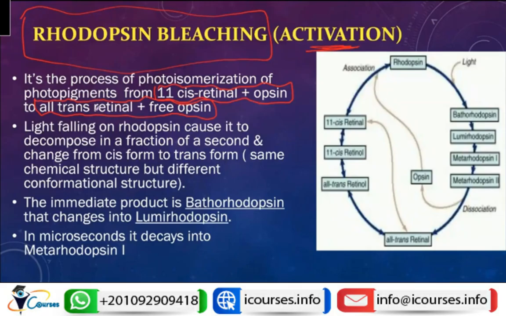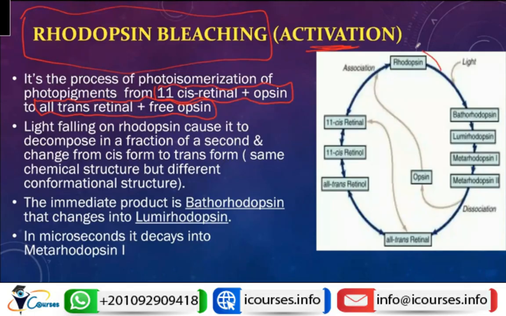Don't confuse this with all-trans retinol present in the liver. Again, it is the process of changing the rhodopsin molecule, which is basically a combination between 11-cis retinal and opsin, into all-trans retinal plus free opsin.